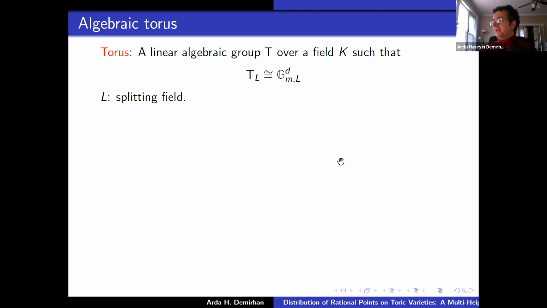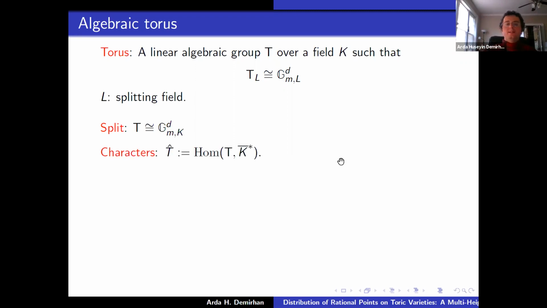In some textbooks it is presented in a way that there are no bad examples; the first time, I remember I thought that all tori are split. But of course, there are non-split tori. The split ones are automatically isomorphic to a product of multiplicative groups over the field they are defined over.